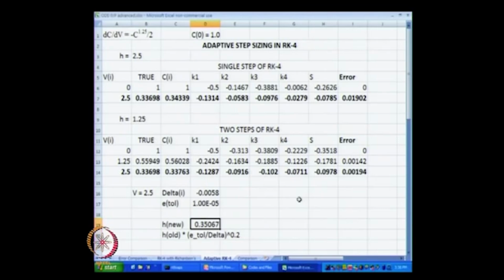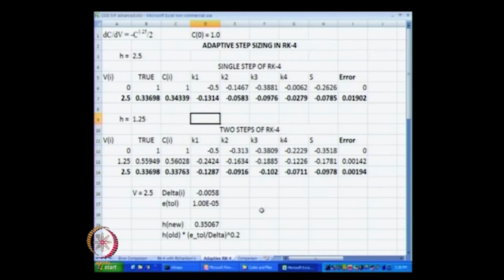Okay. So, what this says is that in order to get the desired accuracy, we are using very large step sizes over here. We ought to be using much smaller step sizes than the ones that we have used. So, we need to decrease the step size to 0.35. Okay.